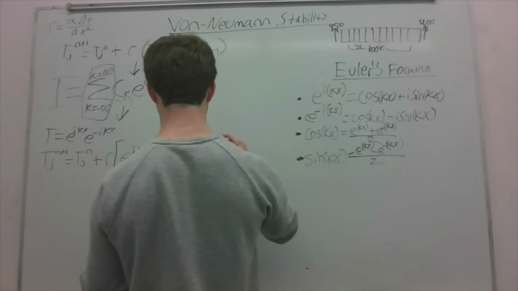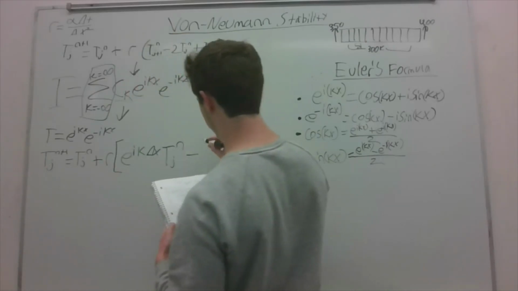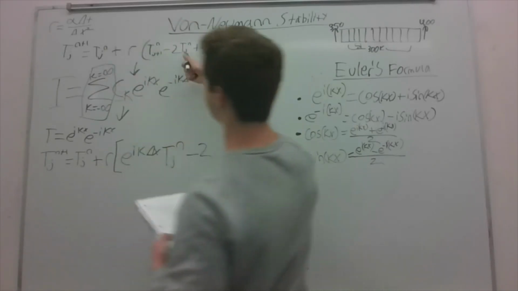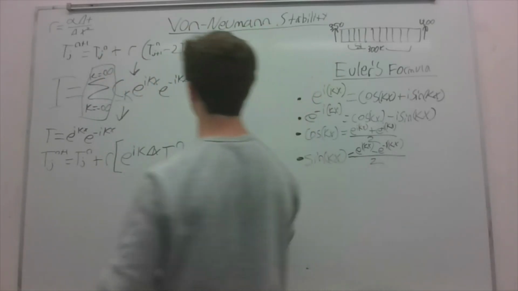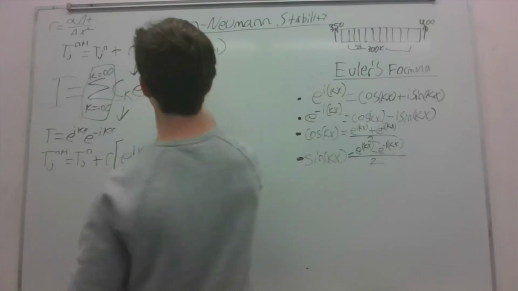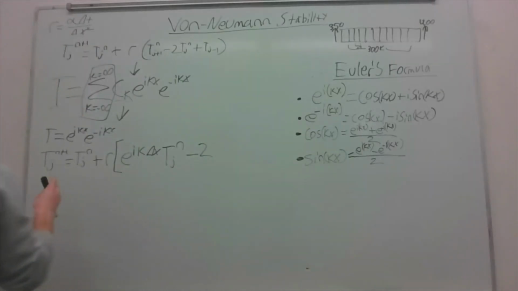Plus, make sure I'm doing this right. Yep, minus. Okay, so that's a minus sign. If you haven't noticed, the T j n values are not being affected by the Euler substitution, and that is because those are the values that we are keeping. Those aren't affected by Euler's formula. As you can see, this really should be when j is plus 1 or j is minus 1. T j of n is not included in that.